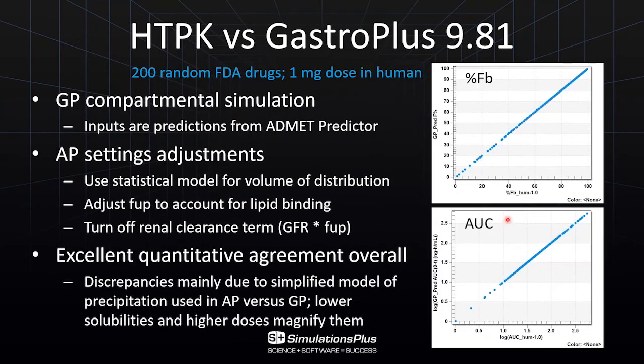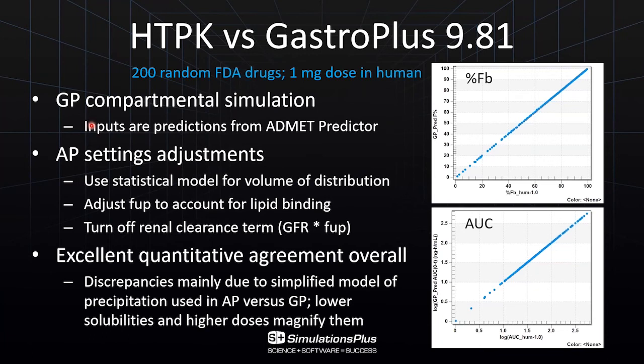Okay, so this slide shows a comparison between HTPK simulation results and those from the latest version of GastroPlus, 9.81. This was using a set of 200 randomly selected FDA drugs at a dose of 1 milligram in human species.